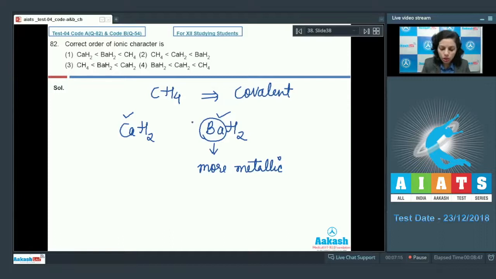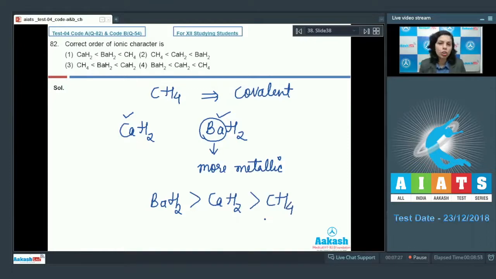So the most ionic in this case is barium hydride. After that there is a turn for calcium hydride, and methane would be at last. So which option is correct here? If we compare this order, we will find that this is correctly given in option 2. And our answer is also option 2.